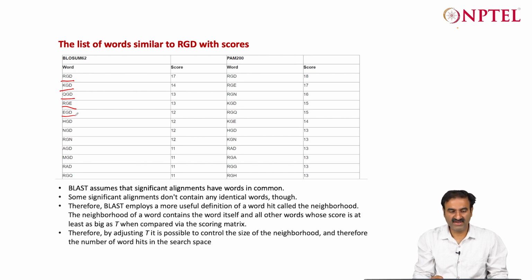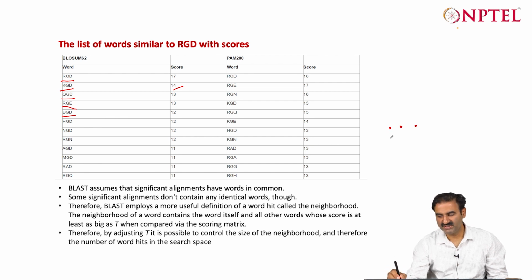That will get a score, because if the initial word is RGD, then RGD matching with RGD gets the highest score: R with R, G with G, and D with D. If R is changed to K, then the score will be 14, for example, because R to K match gets some score, and G to G and D to D get some score. So there are 3 positions, and each position will have a score of match. If it is a complete match, you will get the full score.